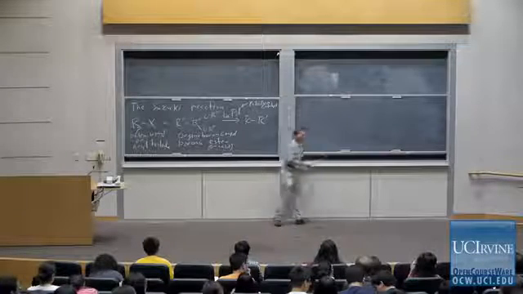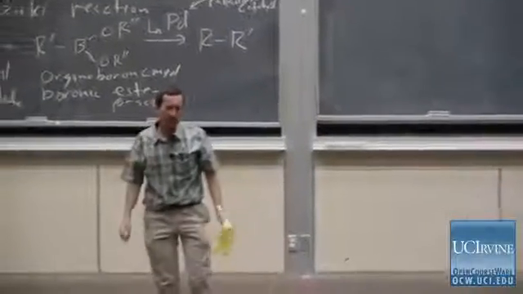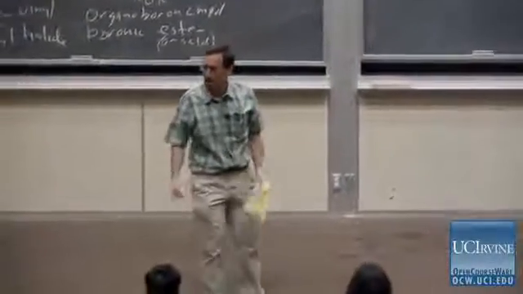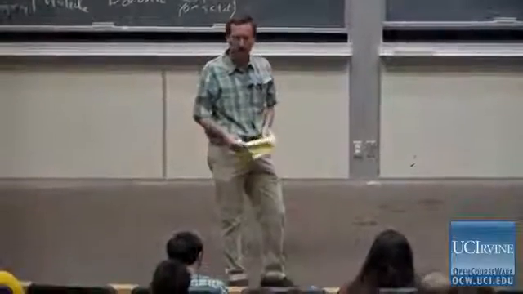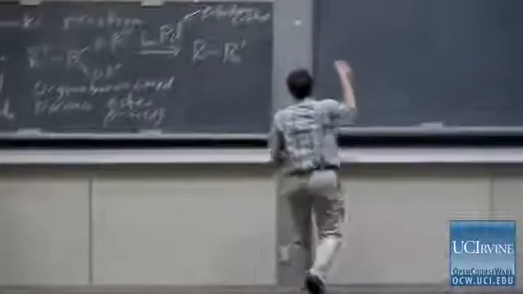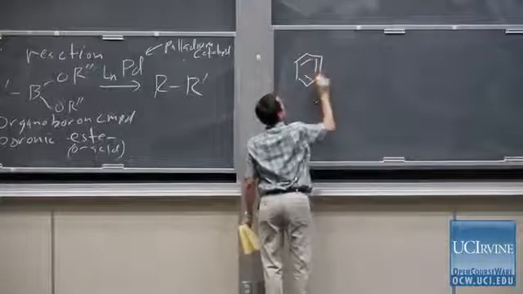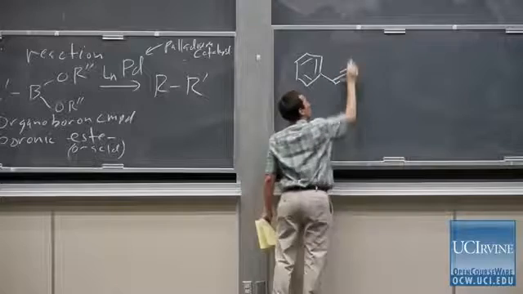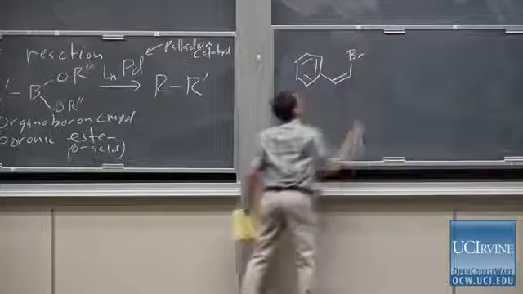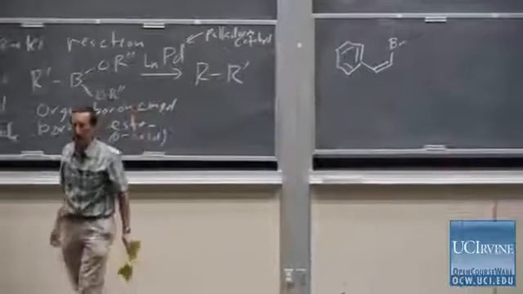In my synthetic organic laboratory class that students take in their junior or senior year, we do a Suzuki reaction. It's a cool reaction. They really enjoy it. And the reaction they do is to take a bromostyrene that's been prepared for them by the teaching assistant in a stereospecific fashion through an elimination reaction.